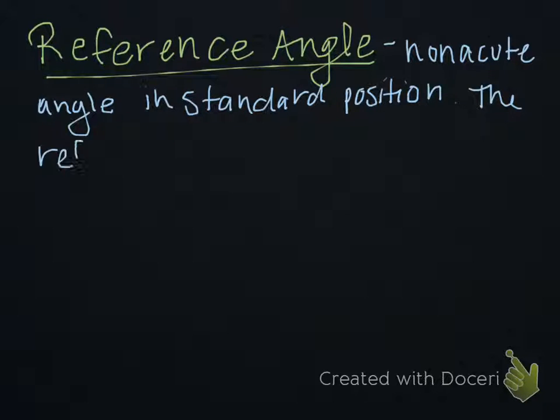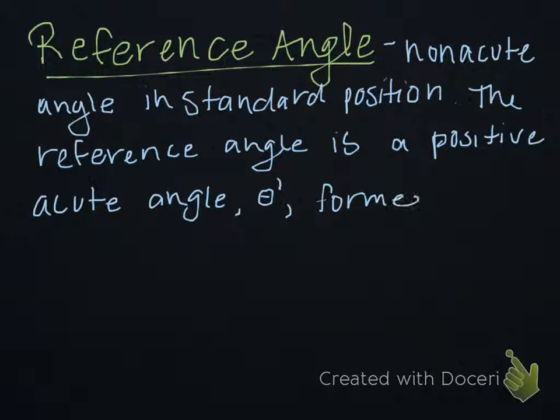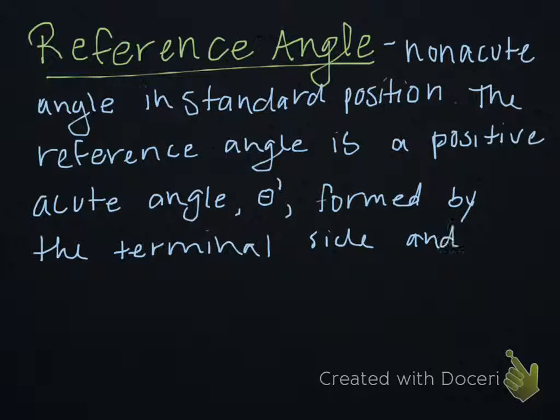The reference angle is a positive acute angle, and the symbol we use for a reference angle is the theta with a little tick mark next to it, formed by the terminal side and the x-axis.